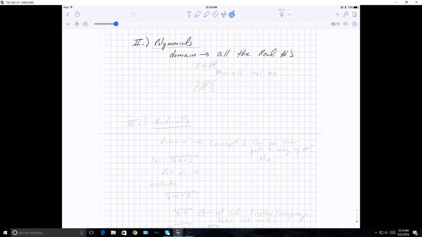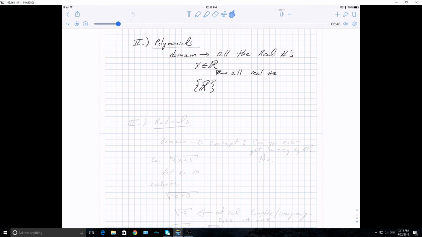But one of the nicest things that we could do is we could just say that all the inputs are elements of the reals. So all this fancy little R is saying is all real numbers. You could simplify this and just say the set of reals as well. But these are all the numbers that you can possibly think of that are real.